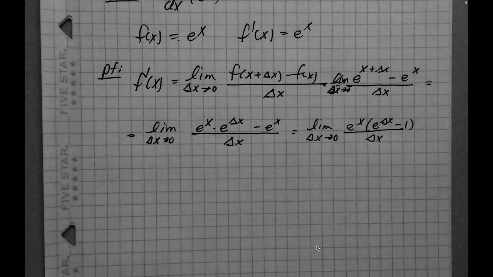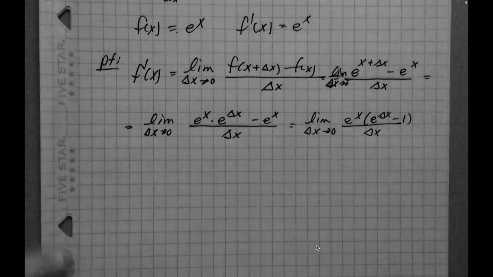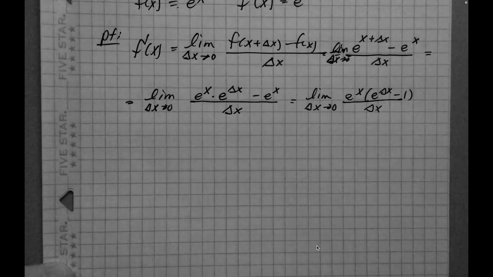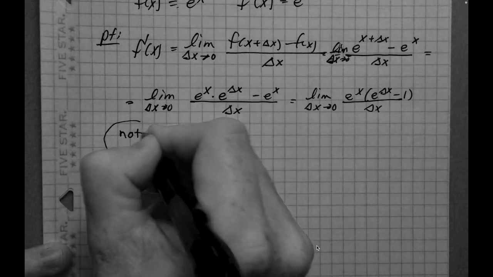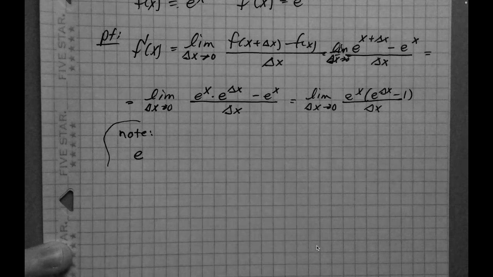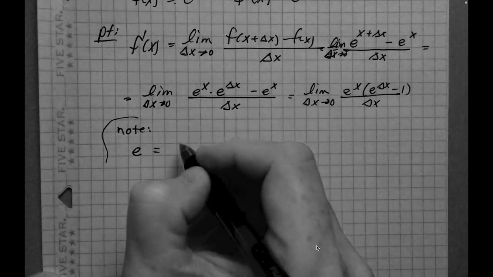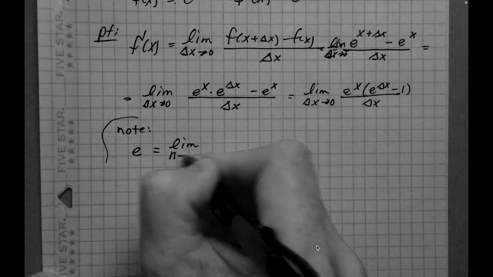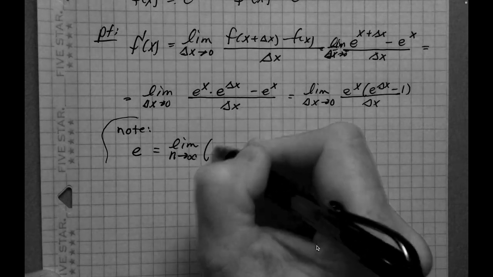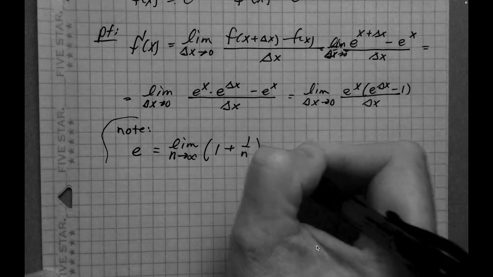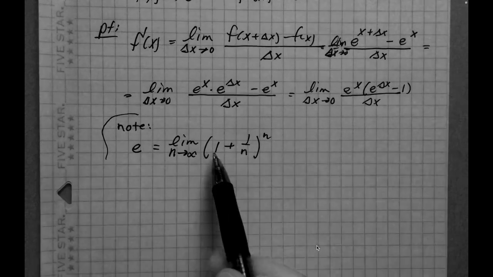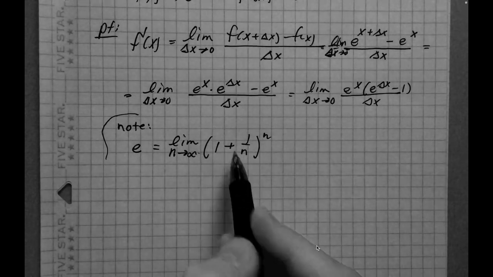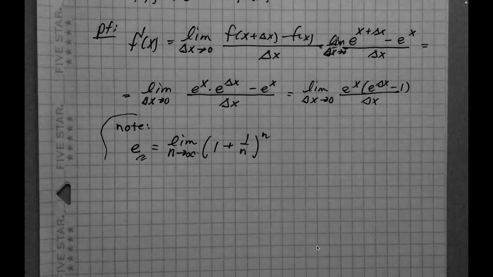So for people who've been very thorough with their algebra upbringing, one of the things you'll know, and this is kind of a side note here, is that e, the constant, is equal to the limit as n goes to infinity of 1 plus 1 over n, to the nth power. So this is the limiting process from which e is derived.